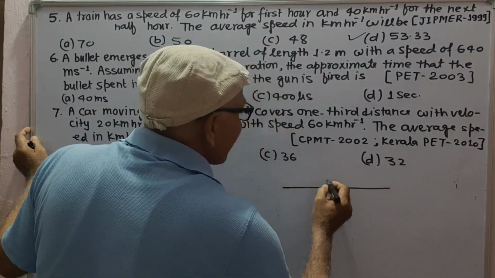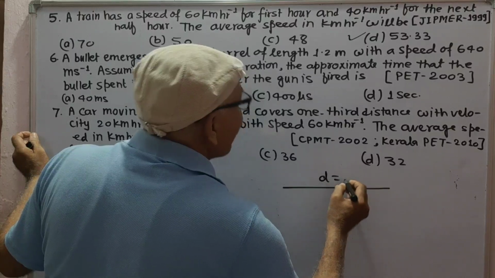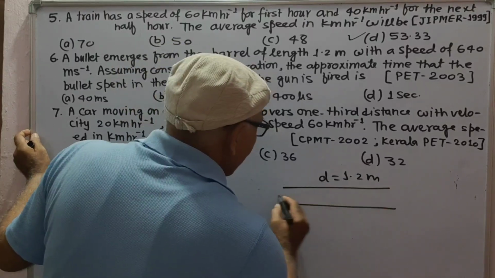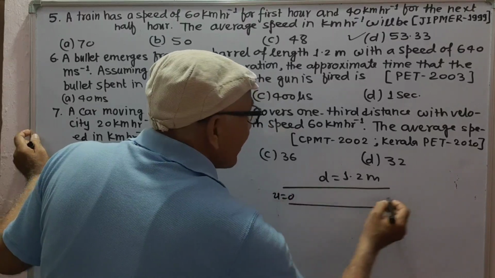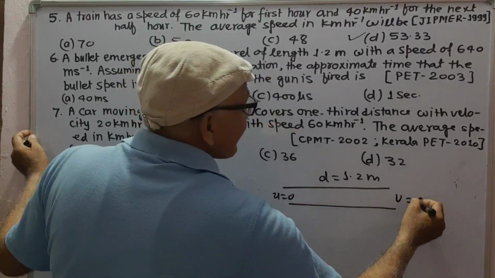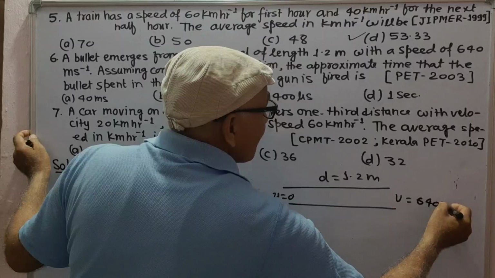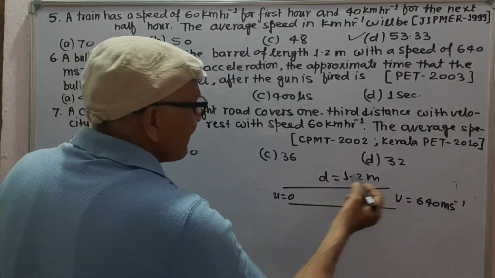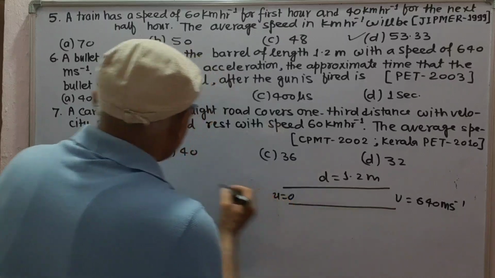This is the length of the barrel, which is equal to 1.2 meters. Initially u is 0 and finally v is 640 meter per second. We have to find the time spent by the bullet in the barrel.